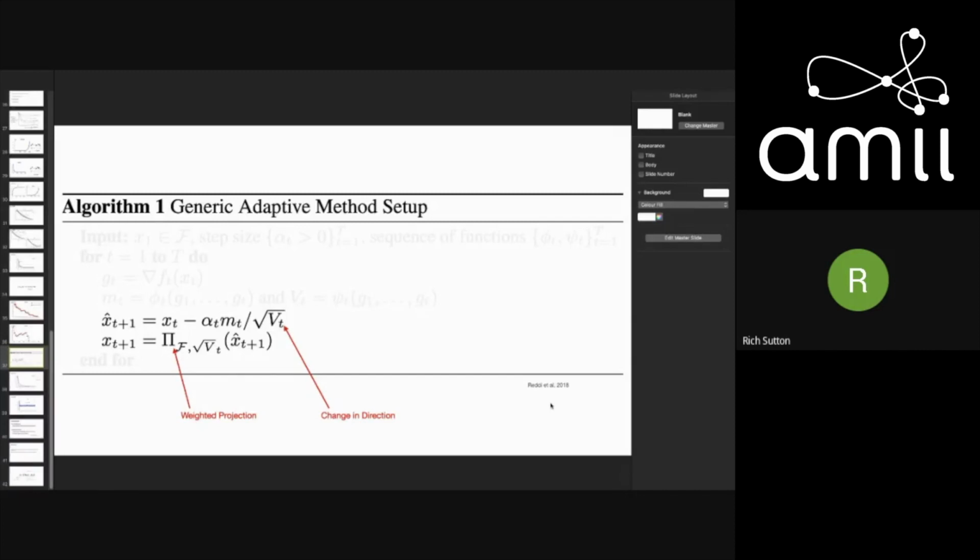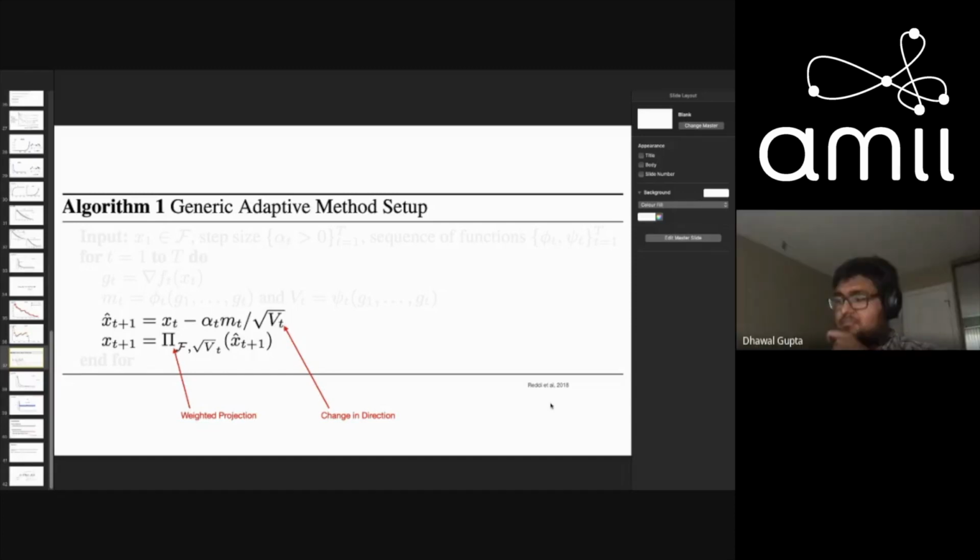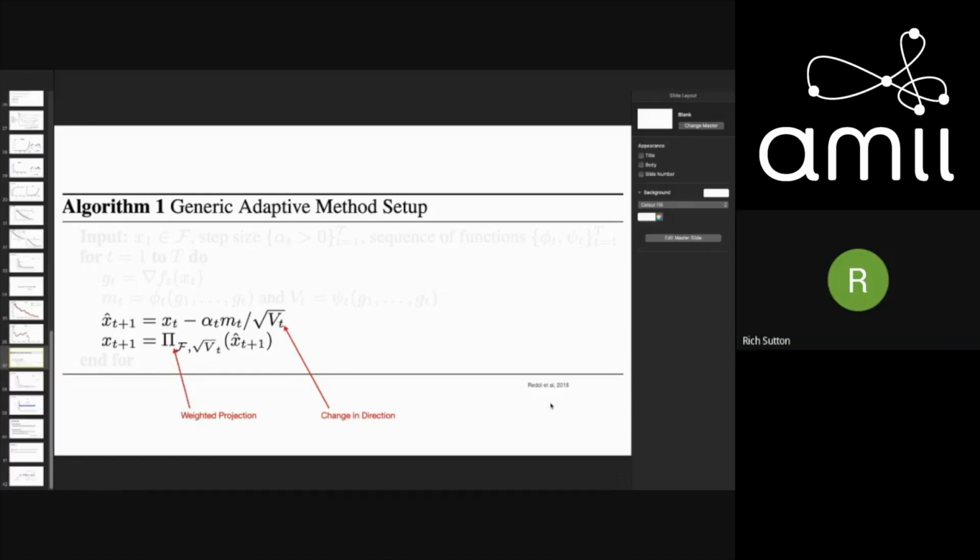I want you to notice this: if you do TD lambda and you allow lambda to be a hyperparameter, then it converges. It's just that on Baird's counterexample, lambda has to be high. It can't be 0. So really, the counterexamples are there to expose something that is not a problem if you're willing to maximize over hyperparameters. It's only an interesting issue.